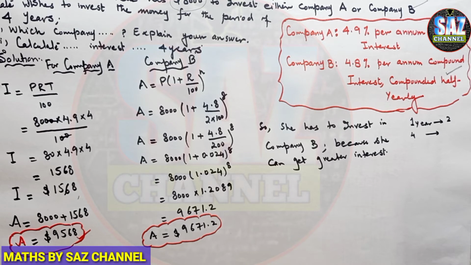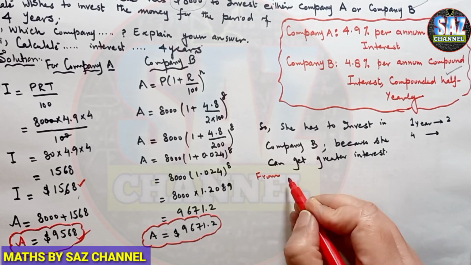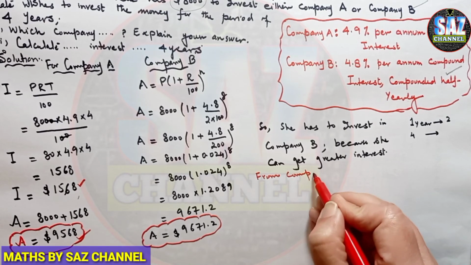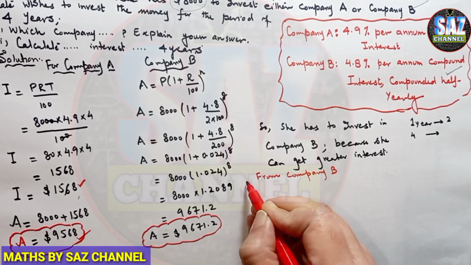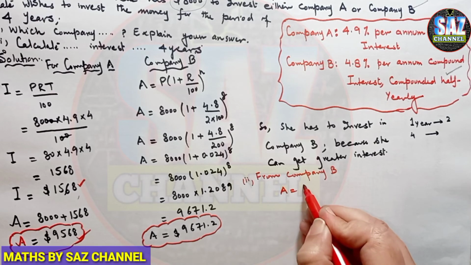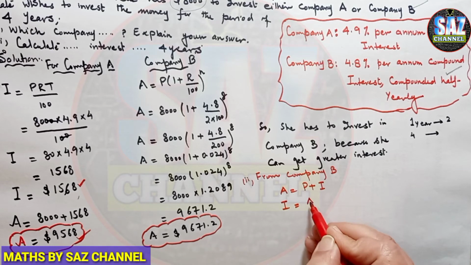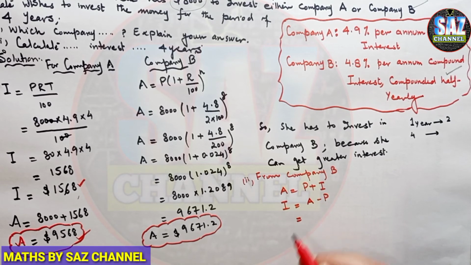Now the next part says calculate the difference in interest earned in 4 years. For company A, the amount of interest is already calculated, and now we have to check how much interest she is getting from company B. Because we have the amount from company B, the formula is amount equals principal plus interest, and interest equals amount minus principal.